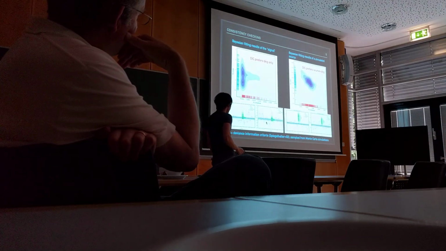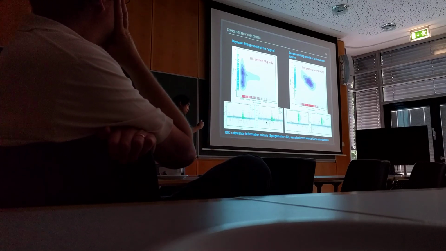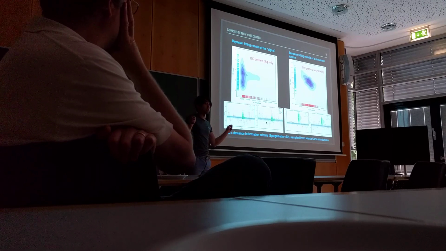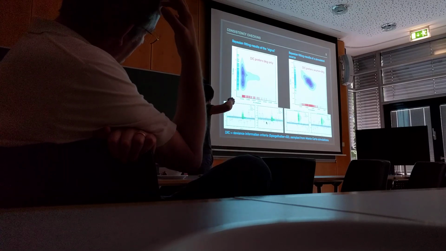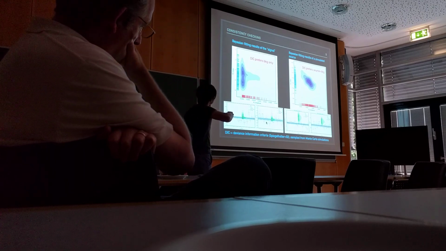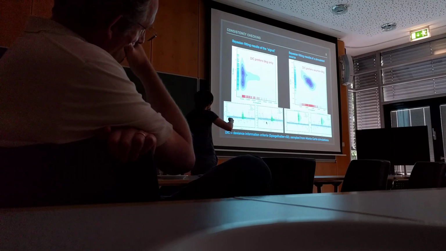So we can also try to compare. We have two hypotheses. One is the null hypothesis that there is only background, and the other hypothesis is there is source plus background. So we can compare these two models. This is just Bayesian model comparison. And so we try to do this comparison using the claimed signal, and this is the result.